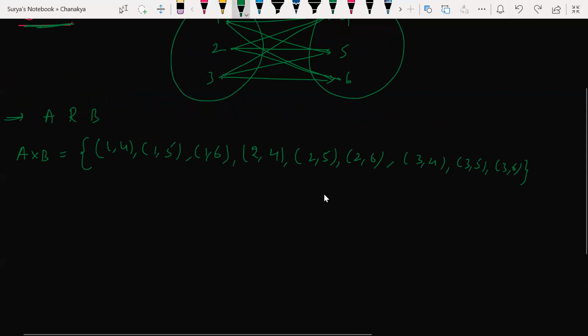Now, I'll just give an example. Look at this. A R1 B. I'm taking a relation from A to B and the relation name I'm giving as R1.